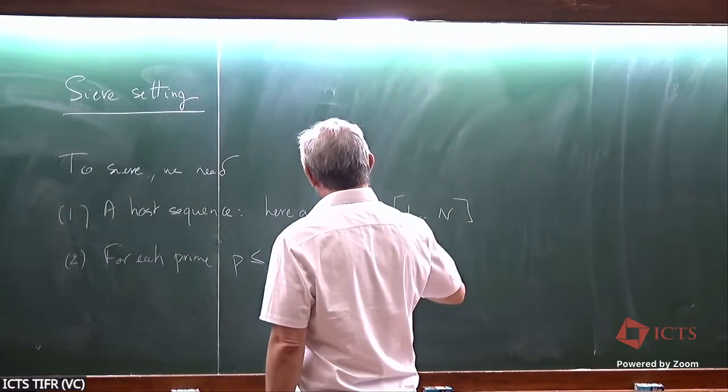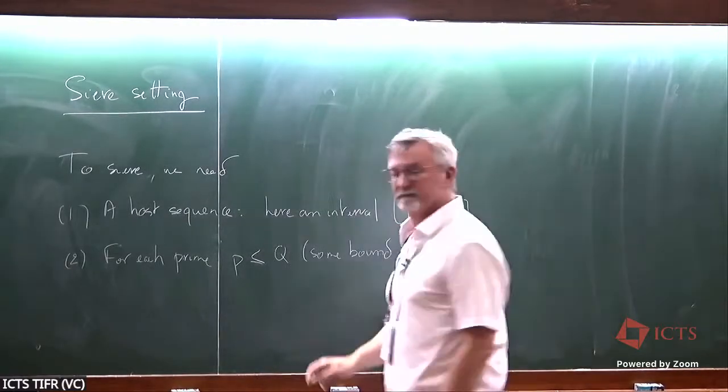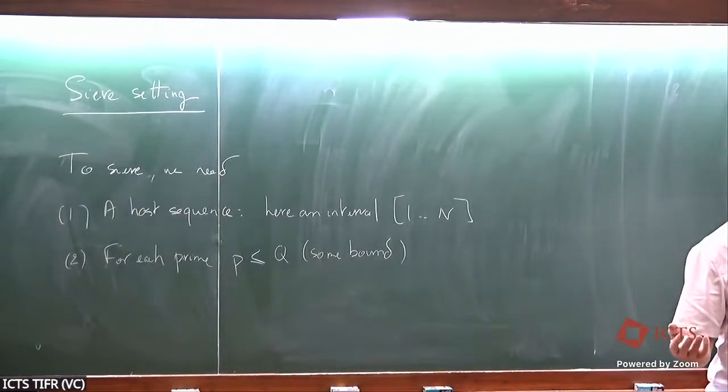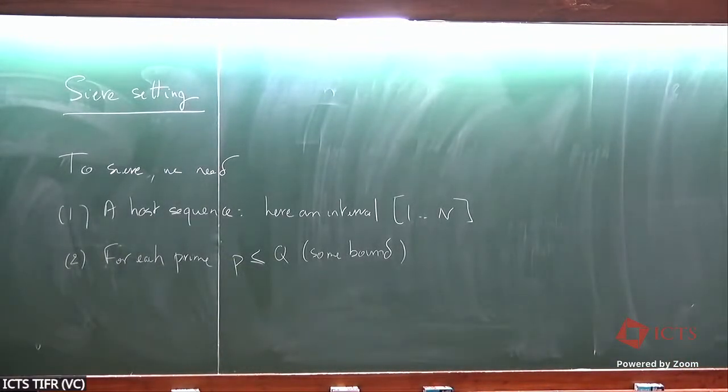For the primes, q is the square root of n. You remove one class modulo p. It turns out that when you remove things, it's algebraically not stable. It's better if you take the classes you keep.